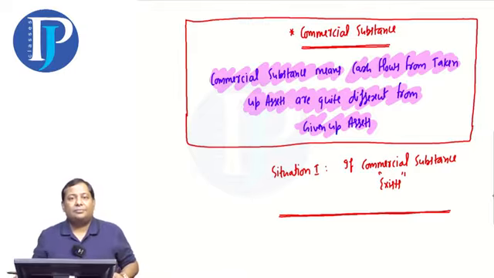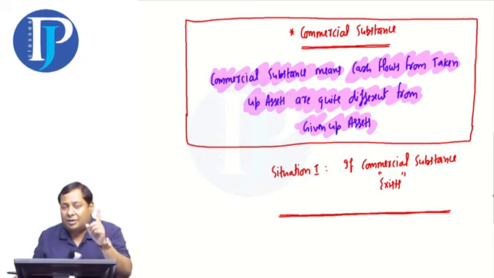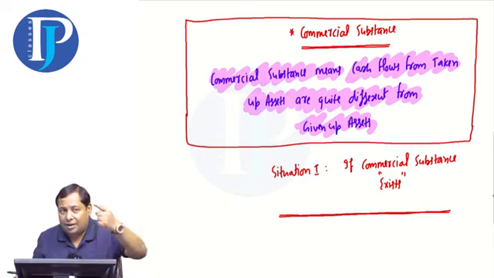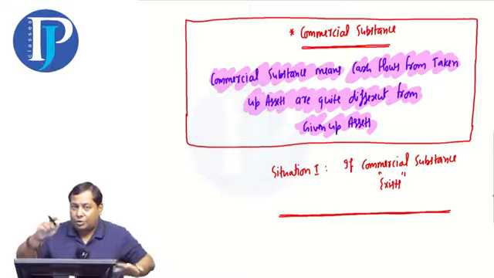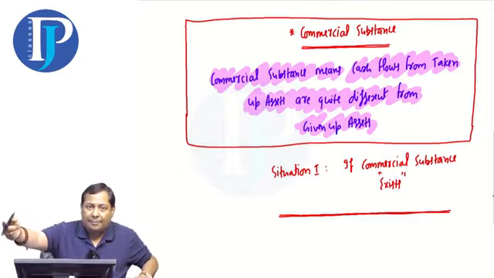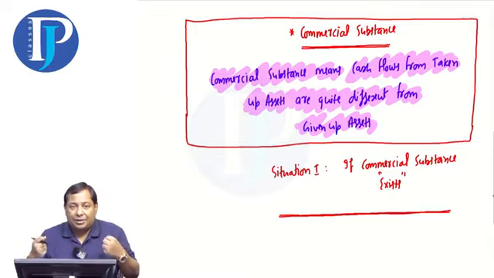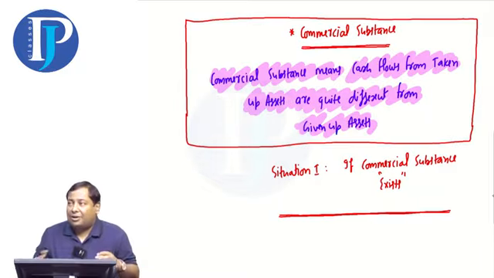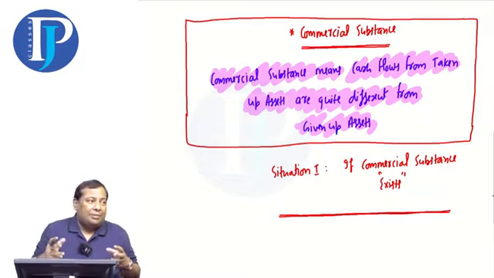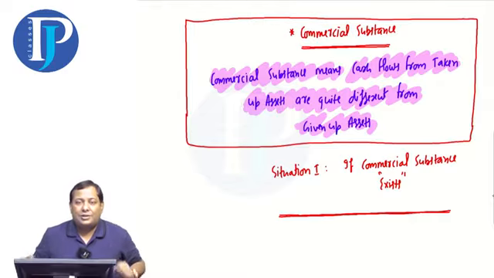This is the meaning. And if commercial substance exists, it means the asset which you are buying is better than the asset that you gave up. So we always exchange assets to increase the cash flow and not to decrease the cash flow. No one wants to do an exchange in which the cash flow decreases instead of increases.